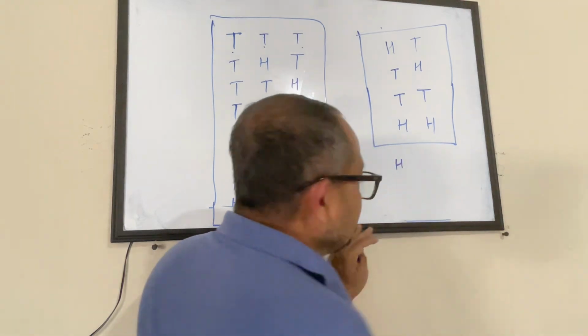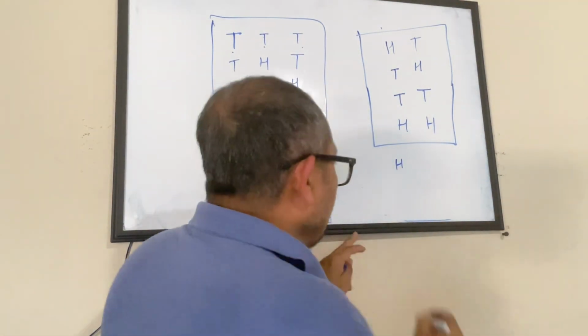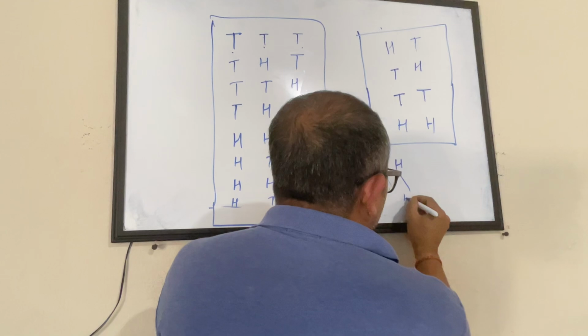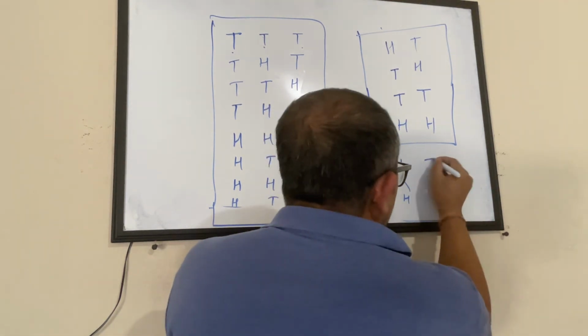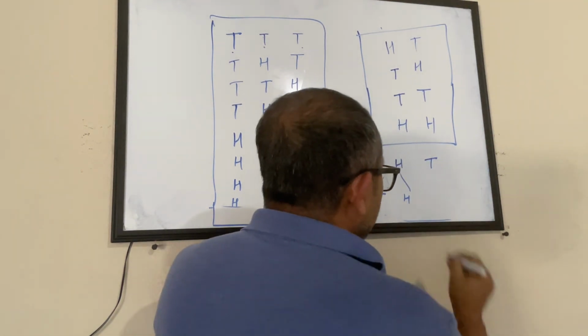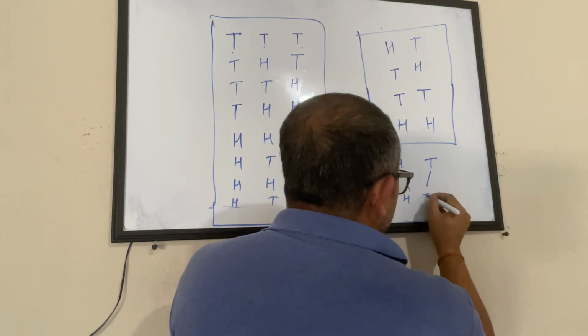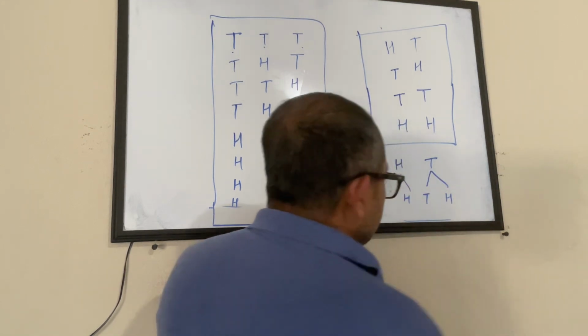If my first attempt is head, what all can I get? Tail or head. When my first attempt is tail, what I can get is tail or head in the second attempt.